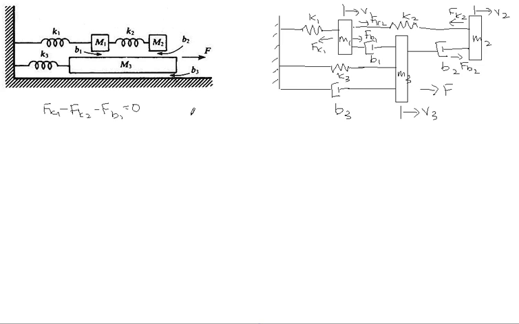In the case of mass 2, we have Fb2 minus Fk2 equals 0. In the case of mass 3, we have F minus Fb3 minus Fk3 minus Fb1 minus Fb2 equals 0.